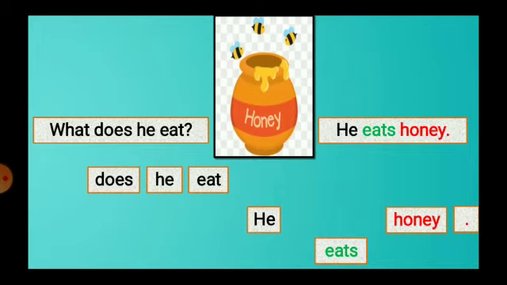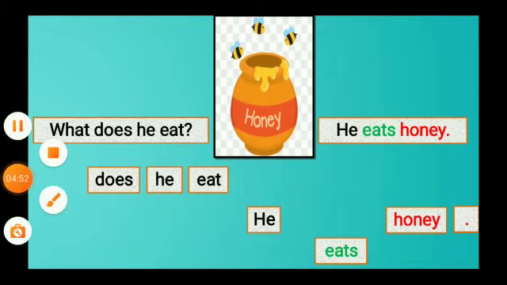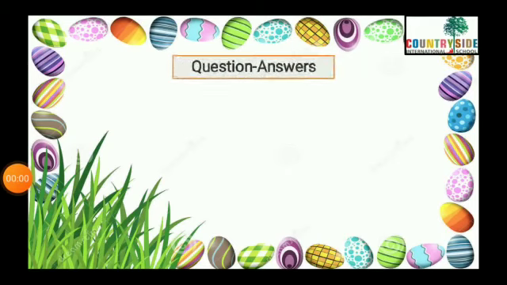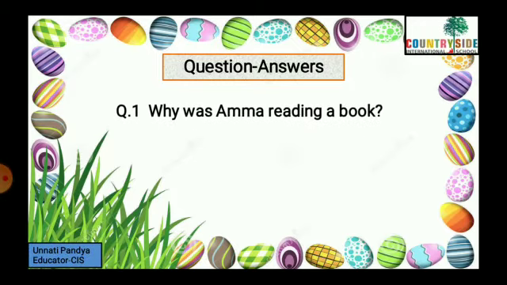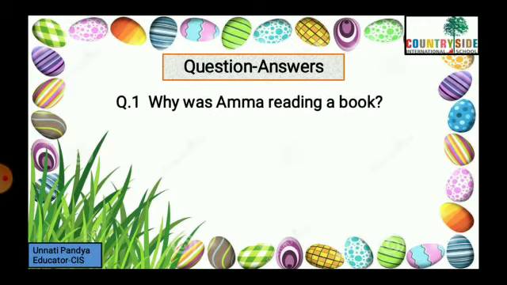Now let us move on to the question answers of our chapter. Question answers from lesson 5. Question 1. Why was Amma reading a book? Do you remember the story?